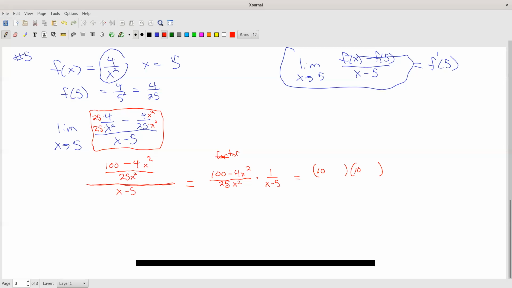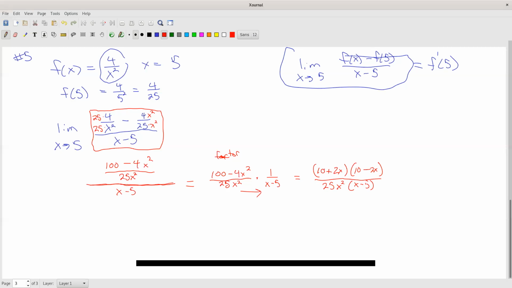And 4x squared would be 2x times 2x. And if that's a negative, one of these must be positive and the other one must be negative, like that. And that's all over 25x squared times x minus 5, multiplying the denominators.